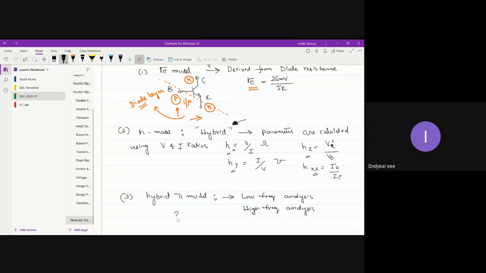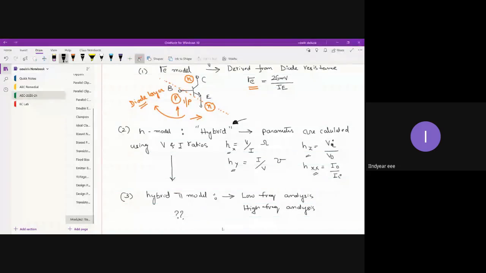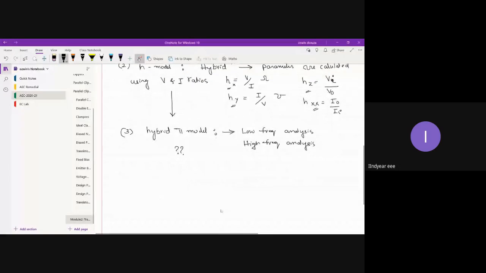So how to develop this hybrid pi model? You don't have to worry, it's very simple, because it will be derived from your conventional hybrid model or h model. In sequence, let us study about the hybrid model. So that being the brief introduction of module 2.